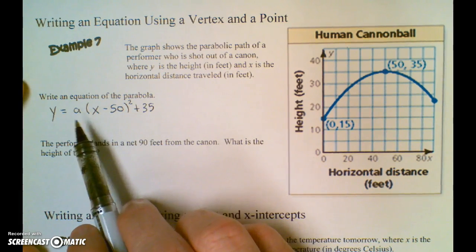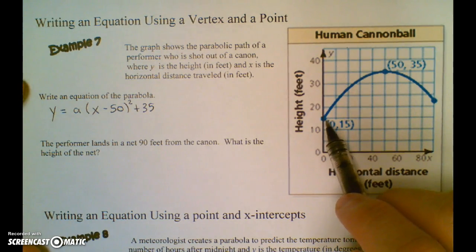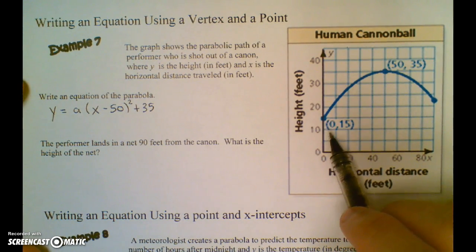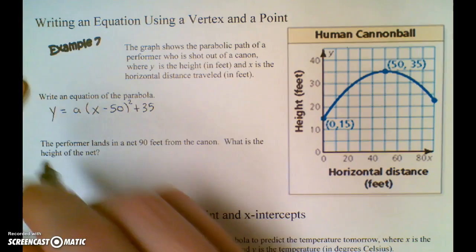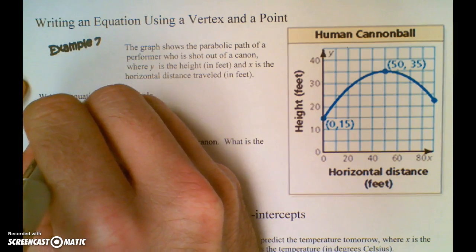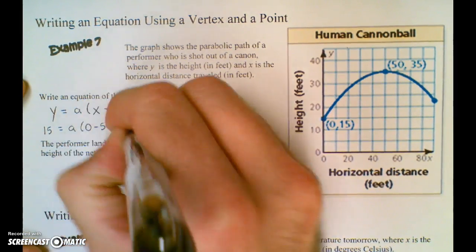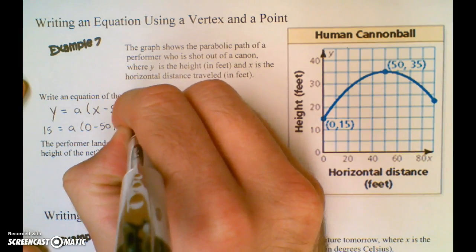To solve for a, I pick a point on the parabola, and this one's already given to us, and plug it in. X is 0, y is 15. So I'm going to plug in 15 equals a times 0 minus 50 squared plus 35.